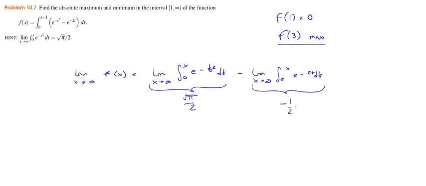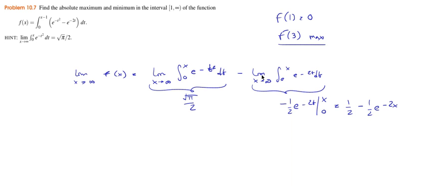The other integral is minus 1/2 of e to the minus 2t between 0 and x, right? And so we know that this is 1/2 minus 1/2 e to the minus 2x, right?